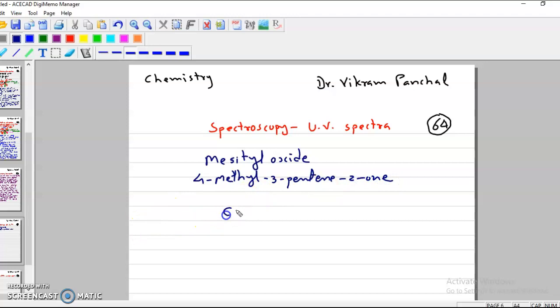This is the structure of mesityl oxide. Mesityl oxide has a C double bond O group and a C double bond C group, and these groups are in conjugation. So this becomes a system known as the enone system.